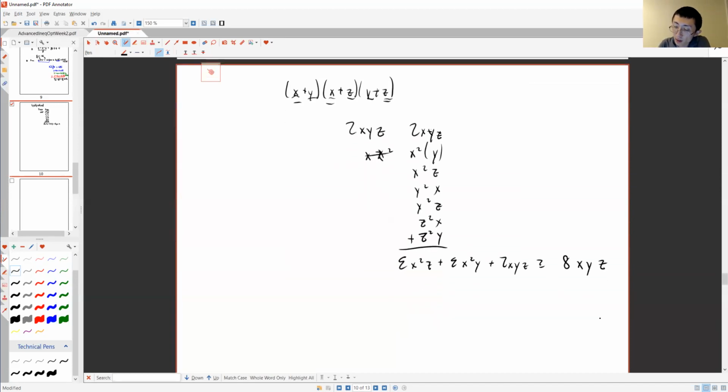So how could we prove this? Well, we can subtract away 2xyz from both sides. So we'll have this. And then how can we prove this directly? Yeah.